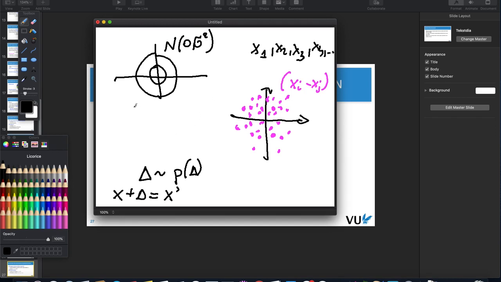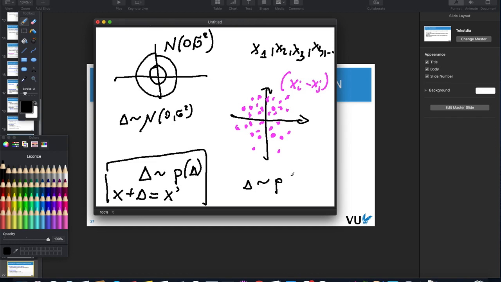In the Gaussian case, delta follows from a Gaussian. But in this case, delta follows from this weird distribution that I don't even know how to define, because this is a set of points.